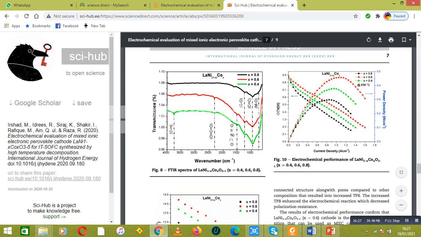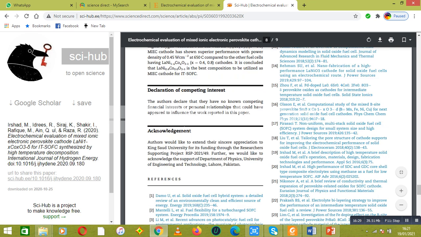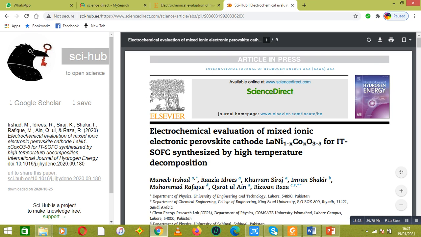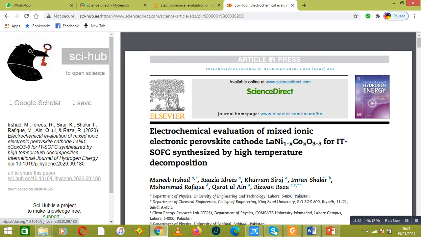When this box is open, there is an option of download, so you can download this research paper and read it easily. This is the best way if you don't have any access to the research paper. By using this technique you can download any paper from here.